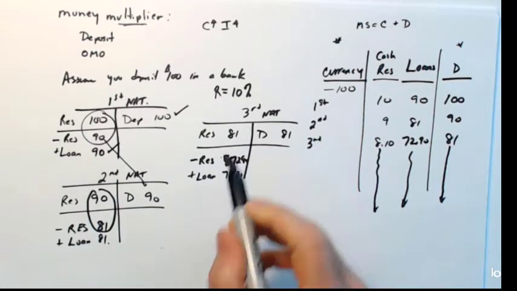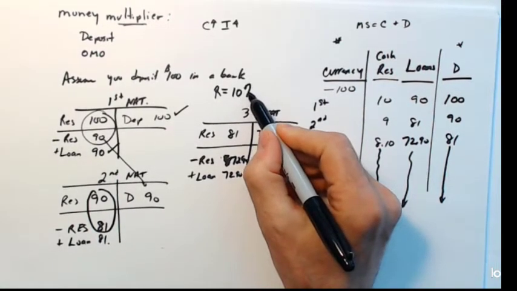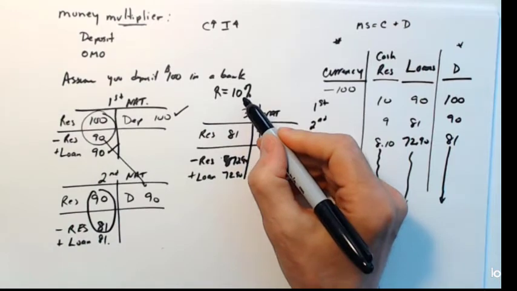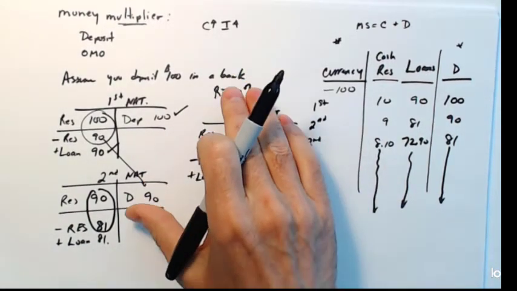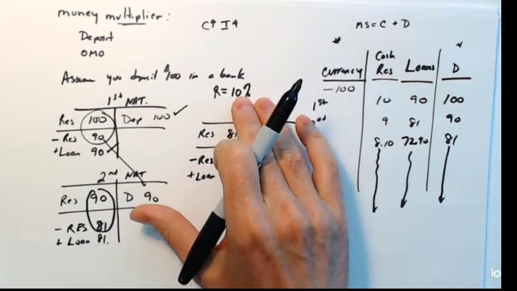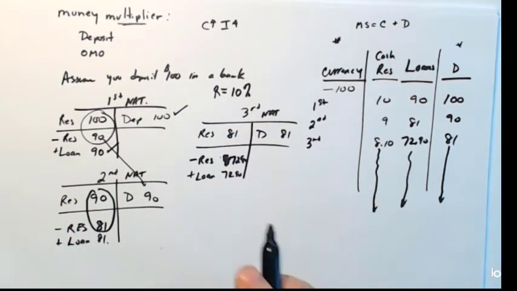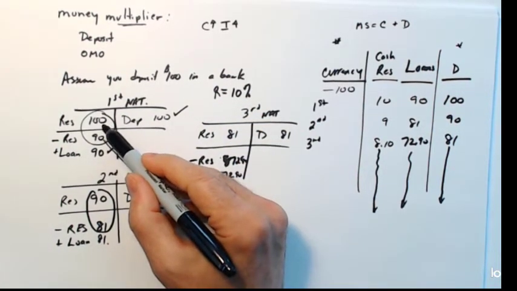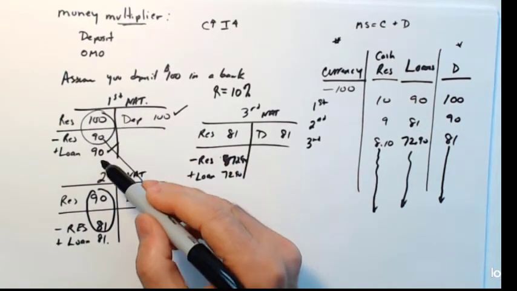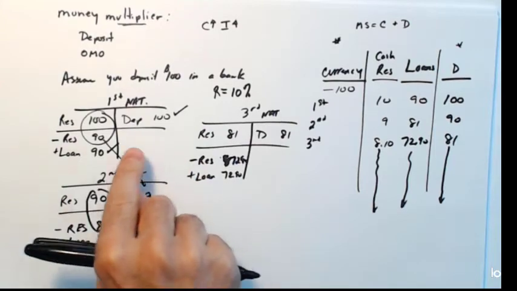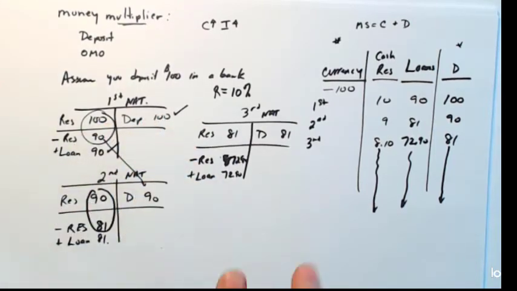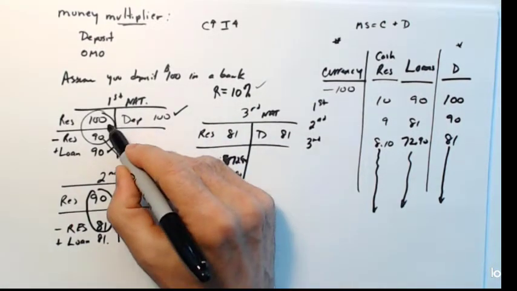Now, before we go further, let's look at the assumptions that we've made and underlying this process. The assumption is that first, and we've laid it out explicitly, that there's a 10% reserve requirement, and that banks hold true to that. They don't hold any excess reserves. So these banks are true to their profit motive. They're going to lend all their money out that they can, and they keep just 10% backup for deposits. Okay, so that's that 10% reserve requirement. There's no excess reserves.